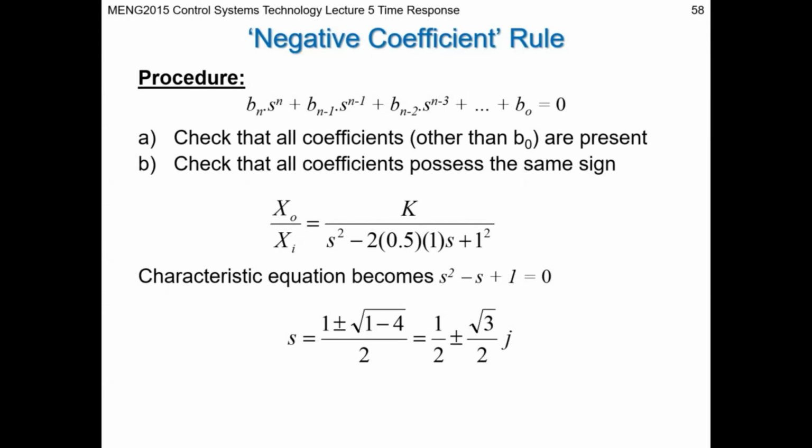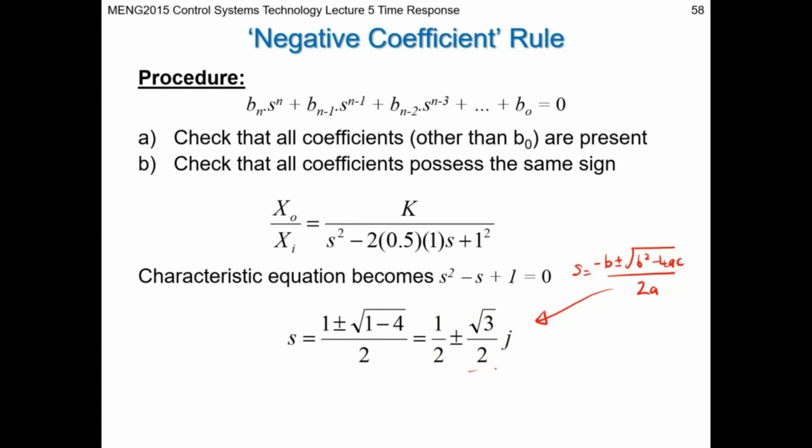Well, if we wanted to get the roots now, we'd use the quadratic equation, which is minus b plus or minus the root of b squared minus 4ac, over 2a. So we find the roots of our quadratic this way. As you can see, when we do that, we have a positive real part and an imaginary part.